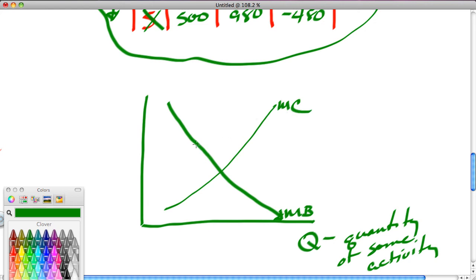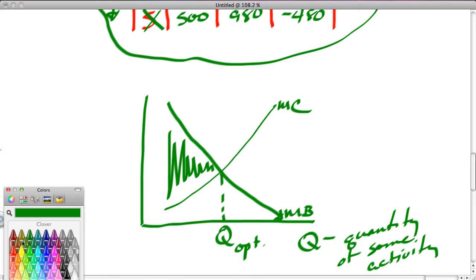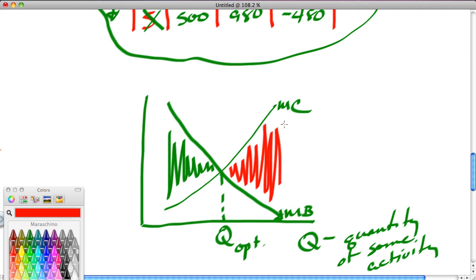And so long as the benefit of doing this activity is greater than the cost, it makes sense to do it, whatever it is. So this is optimal. However, if the marginal cost should exceed the benefit, then it isn't worth doing. So doing anything out here doesn't pay because it costs more than it benefits us.